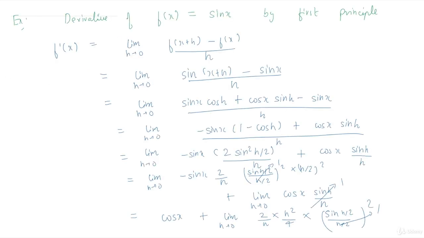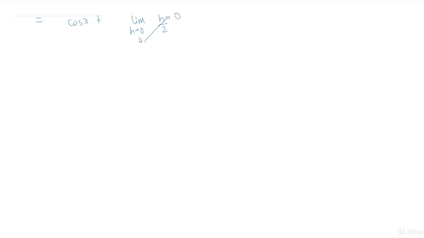plus limit, so we can take help of the previous steps, this thing will be h by 2, right? And this thing will be 1. So this will be limit h tends to 0 h by 2, right? And now limit h tends to 0, h by 2 will approach 0, since h approaches 0, so h by 2 will also approach 0.